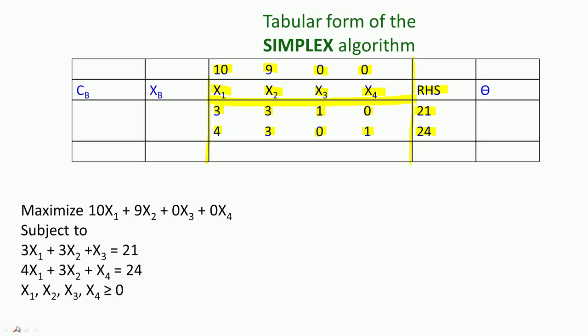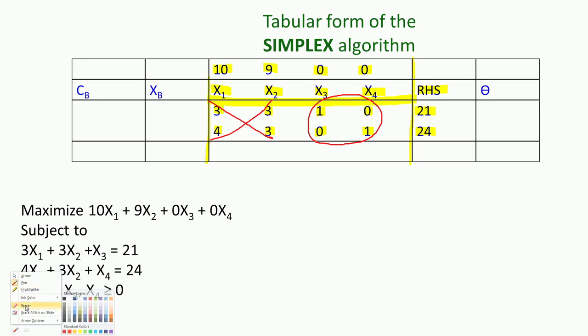With x1 and x2 as non-basic, we are trying to solve 1x3 equal to 21, 1x4 equal to 24. You can see the identity matrix under x3 and x4, and the other columns are not there because x1 and x2 are 0. So, the identity matrix straight away gives the solution x3 equal to 21, x4 equal to 24.